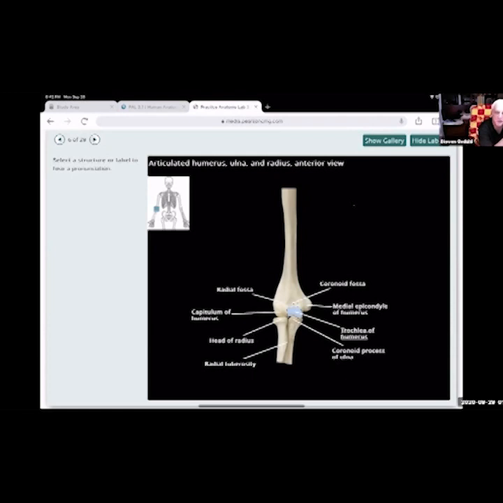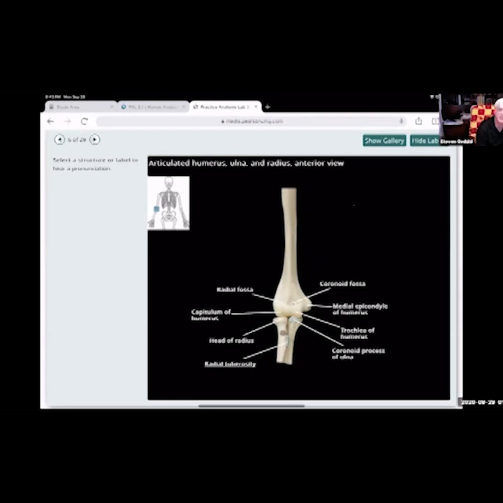And there's a capitulum. You have a trochlea and a capitulum. The trochlea is where the ulna fits in. The capitulum is where the radius fits in. You've also got a coronoid process of the ulna, which articulates. This is the ulna here on the right.